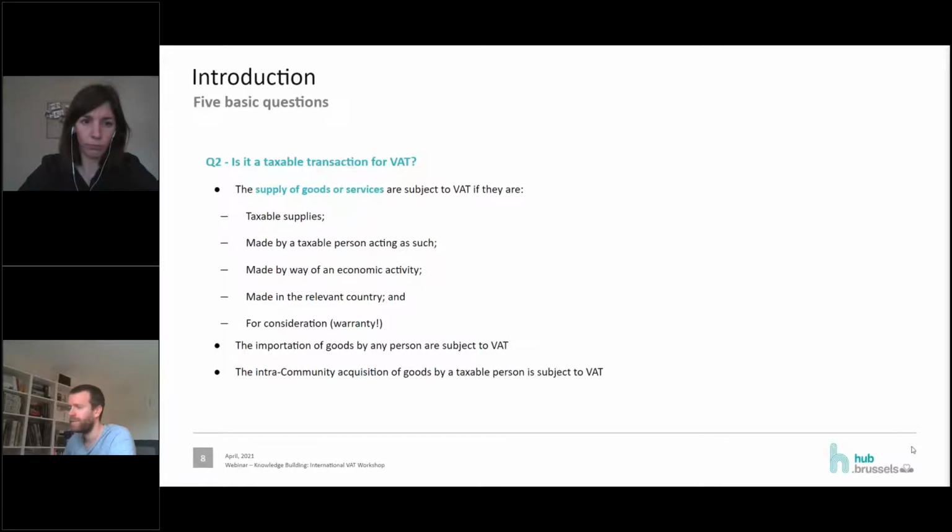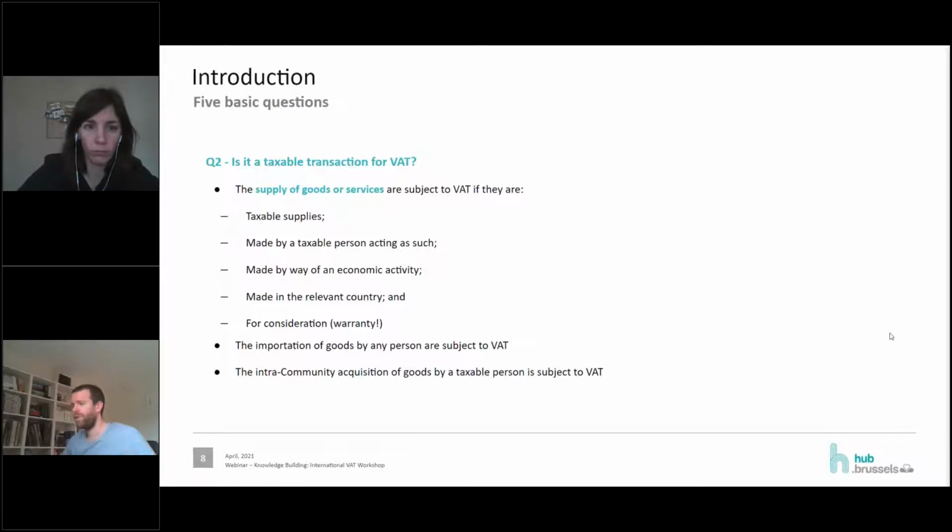And of course, there are exceptions, and one of the most important ones is for intracommunity acquisition. Because there the important element is actually the VAT of the place where the goods are dispatched to, so the place of arrival of the transport.